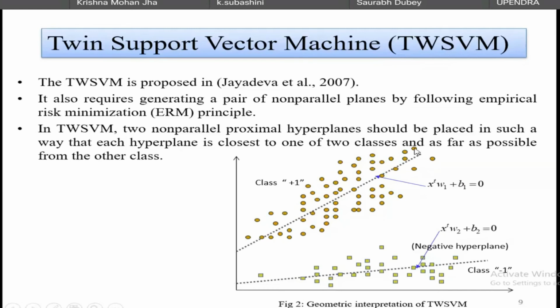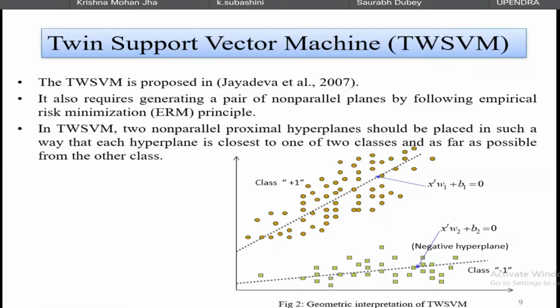Obviously this may not fit all the data points, but we want to fit as much as possible. So whatever the sum of distances is, we want to minimize that particular sum, or you can say minimize the error.